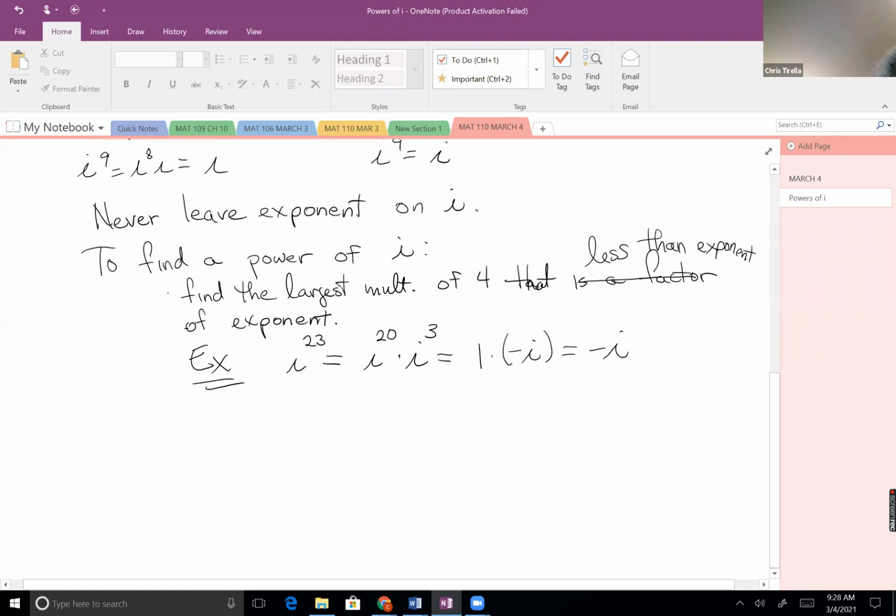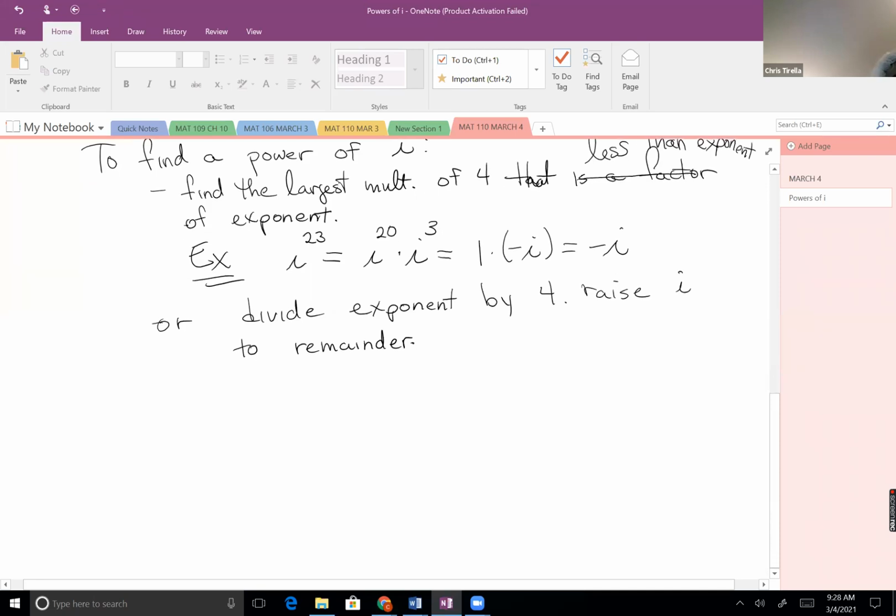The other way that we can do it is we can divide the exponent by 4 and raise i to the remainder. And so there where I have i to the 23rd, if I think of taking 23 and dividing it by 4, it would go in 5 times, and I'd have a remainder of 3.